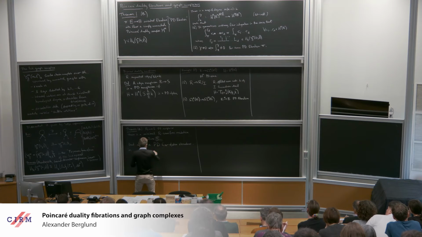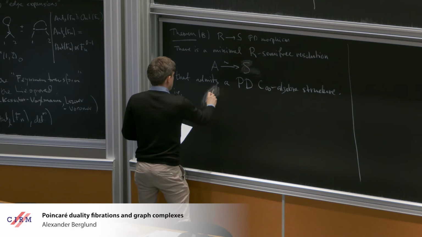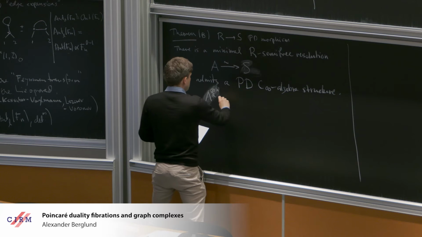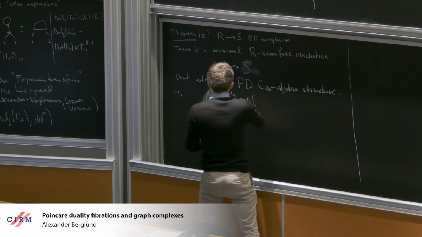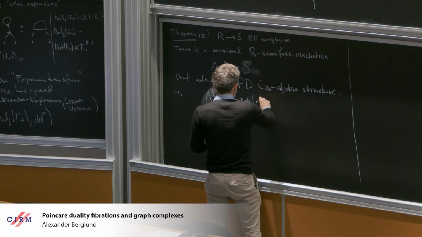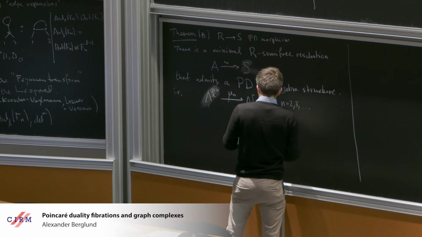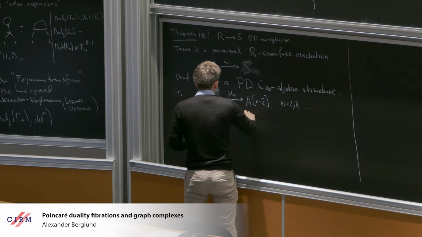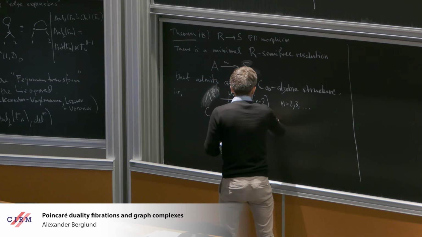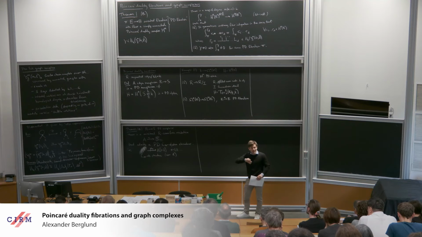Poincaré duality C infinity algebra structure means that you have, first of all, an R-linear C infinity structure. So we have structure maps mu n from the nth tensor power of A over R, like so. This is a C infinity algebra structure over R, or some people call it commutative A infinity algebra structure.